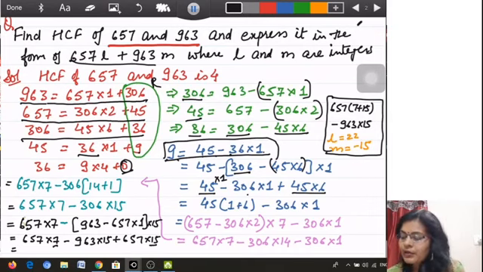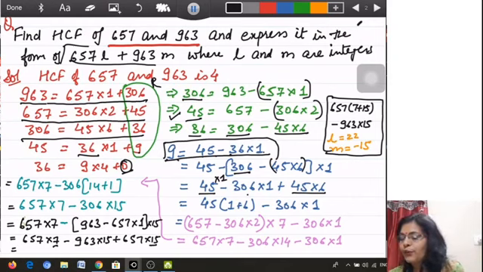Now again we come to this line. The value of 45 is given over here, because the solution we have to bring is 657L plus 963M, and that is nowhere related to this number. So again we put the values.